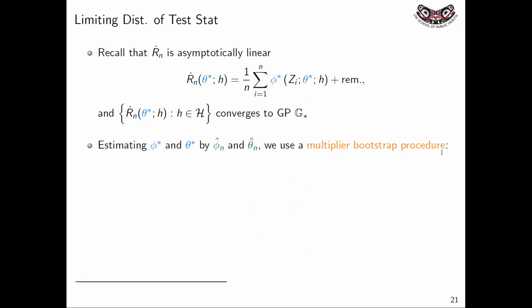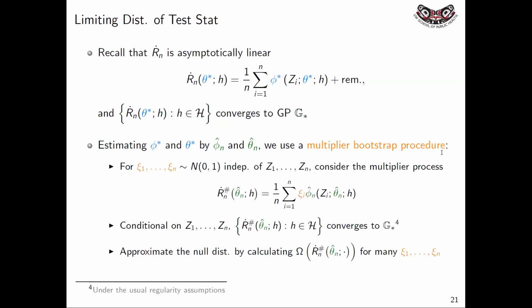We estimate these parameters, phi star and theta star, and then we use a multiplier bootstrap, taking independent Gaussians and constructing a direction based on those multipliers.